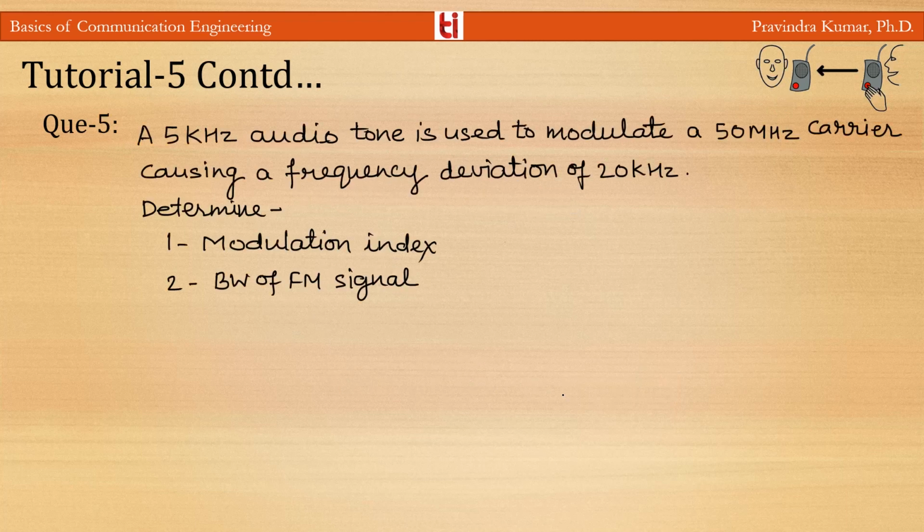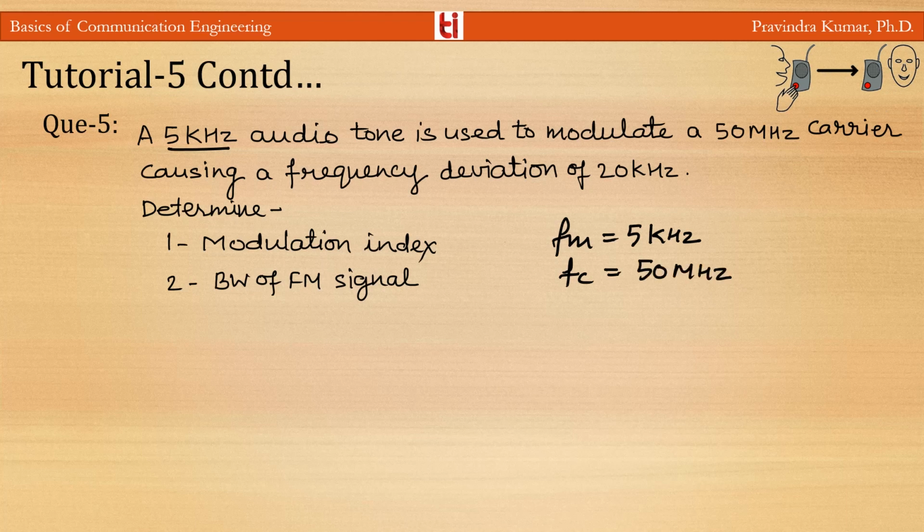Now question 5. A 5 kilohertz audio tone is used to modulate a 50 megahertz carrier, causing a frequency deviation of 20 kilohertz. Determine the modulation index and the bandwidth of the FM signal. Here fm is 5 kilohertz, the frequency of the carrier is 50 megahertz, and the deviation given is 20 kilohertz.